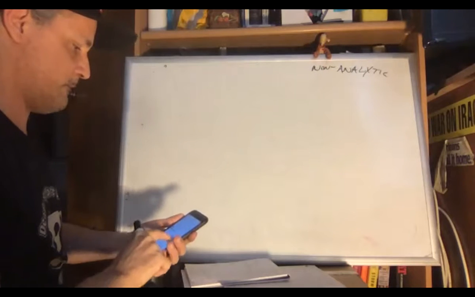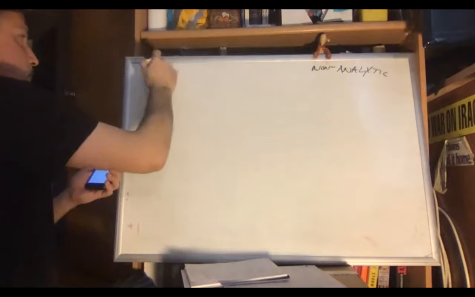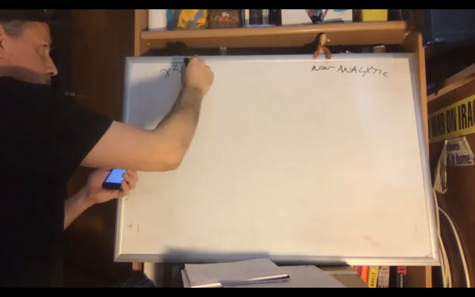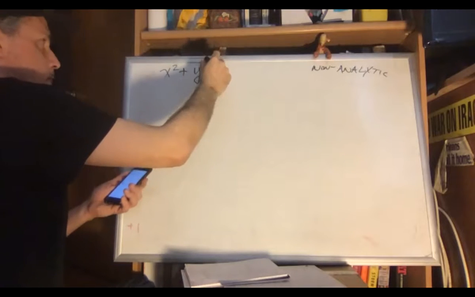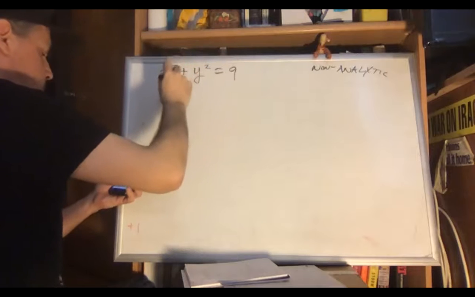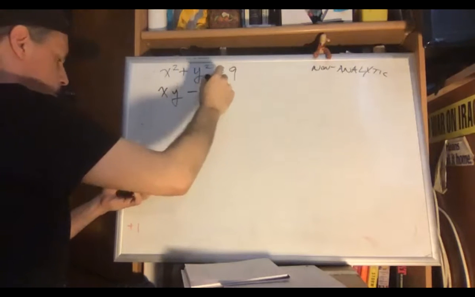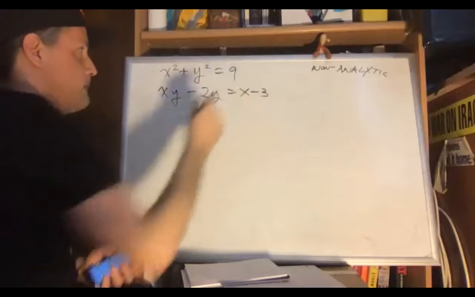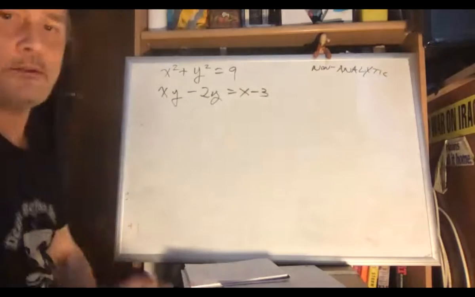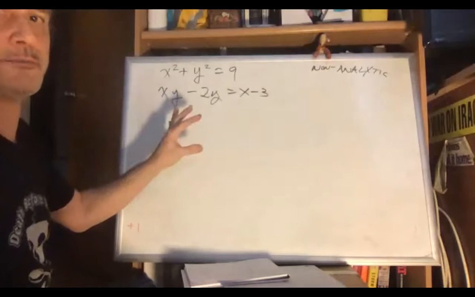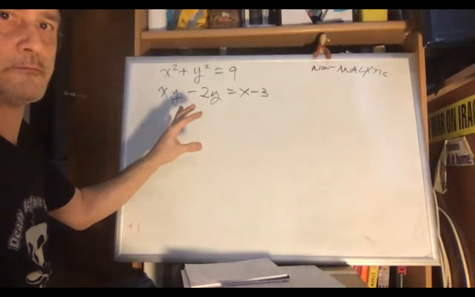And it's a doozy. All right, so we got our x squared plus y squared equals 9. And then we got our xy minus 2y equals x minus 3. Okay, now again, you don't have to visualize this problem to be able to solve it.